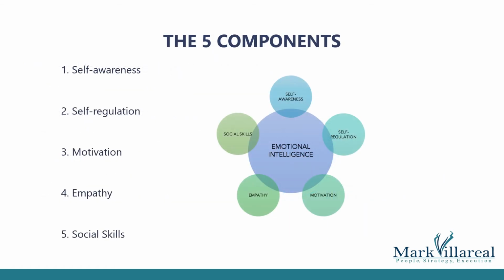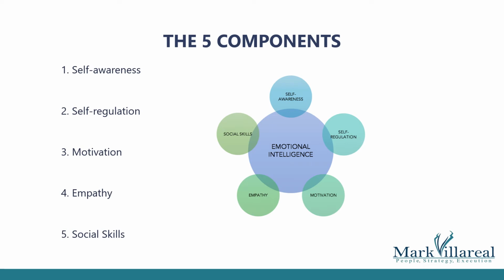Here are the 5 components of emotional intelligence. Number 1 is self-awareness, the awareness that you have of your own emotions. Number 2 is self-regulation. You may be aware of your emotions, but do you have the ability to regulate your own emotions and utilize them in different ways with others? 3, motivation.